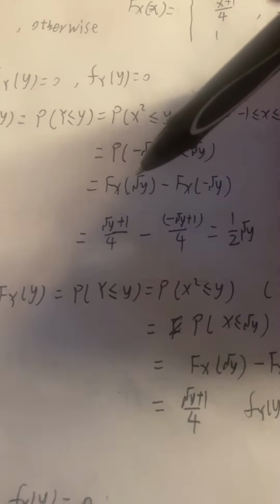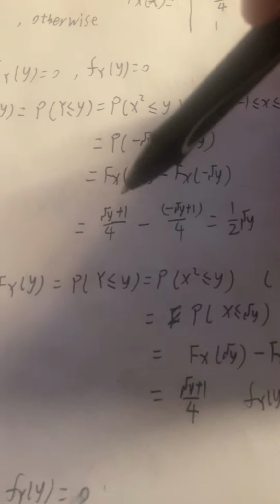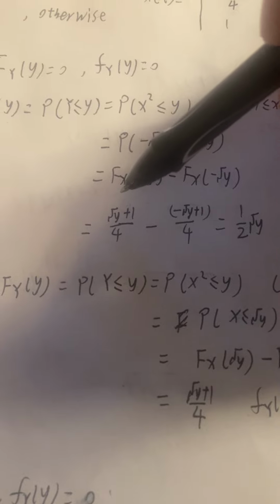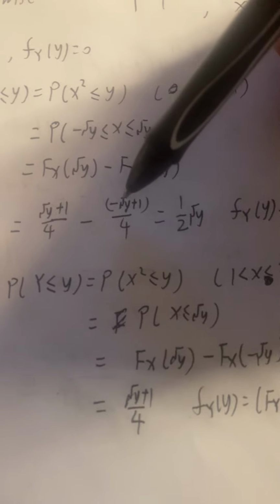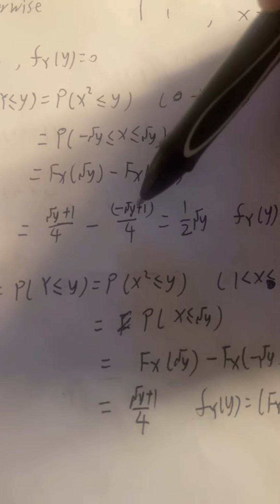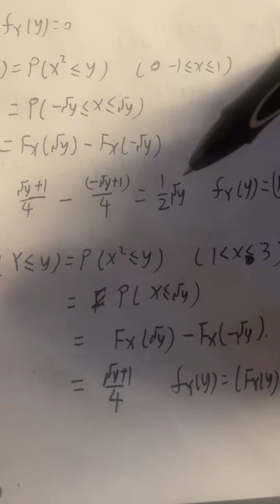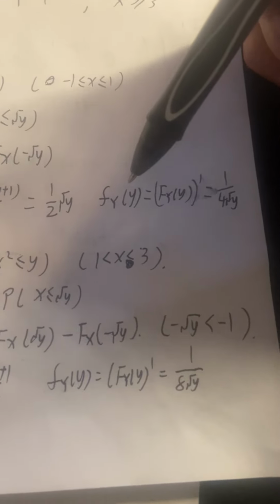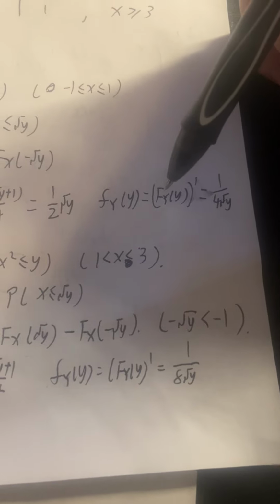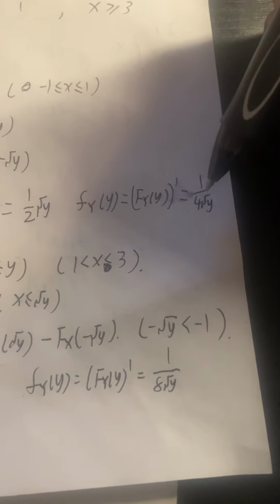We can get these terms from the distribution function of X. The first term will be (the square root of y plus 1) over 4, and the second term will be (the negative square root of y plus 1) over 4, and the final result will be 1/2 times the square root of y. For the density function, we take the derivative of the distribution function, and the final result will be 1 over 4 times the square root of y.